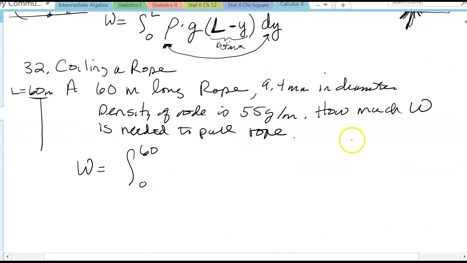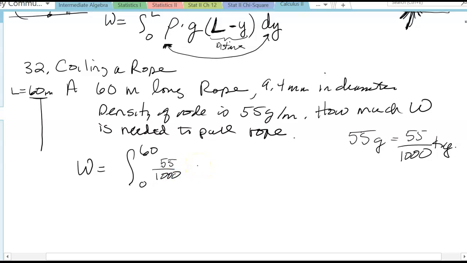So we got to convert 55 grams to kilograms, and that's pretty easy to do. You would just divide by 1,000. So we're going to change that to 55 over 1,000 kilograms.